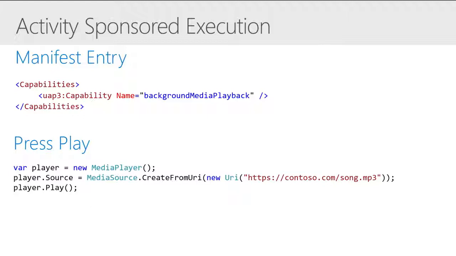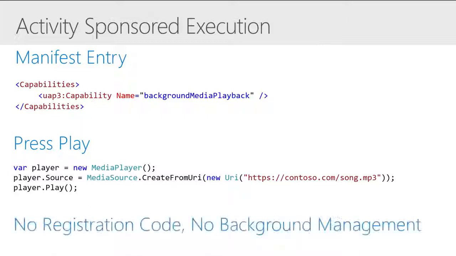So if somebody minimizes your app and you are playing audio through, in this case, the media player APIs, it'll just keep playing and your suspension will be delayed until that media is completed. So you don't need any of that background task builder registration code. You don't need any of that inter-process communication to manage the separate background task. It all just works within the same process.